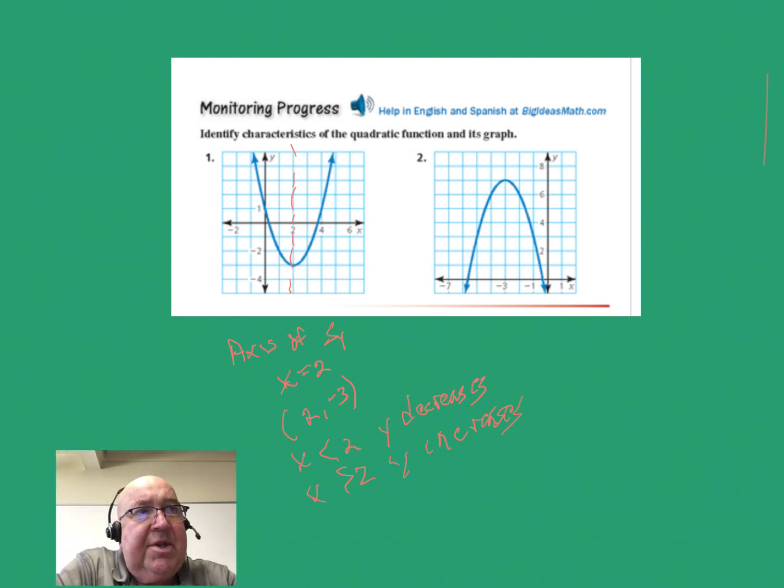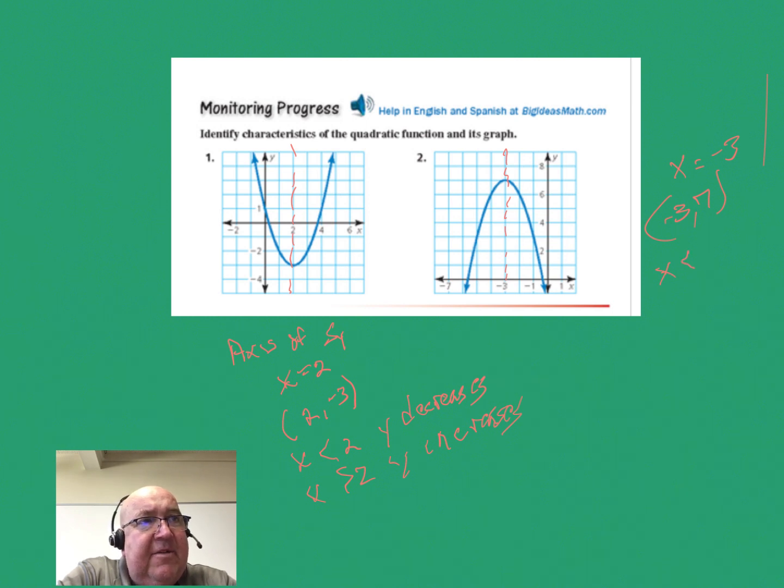The other function here, axis of symmetry, is x equals -3. Our vertex is -3 and 7. When x is less than -3, y increases.